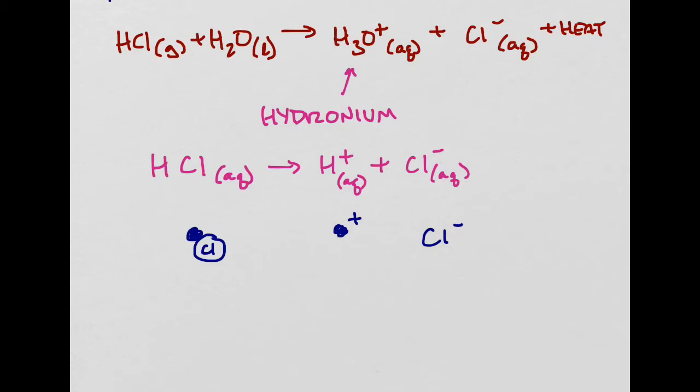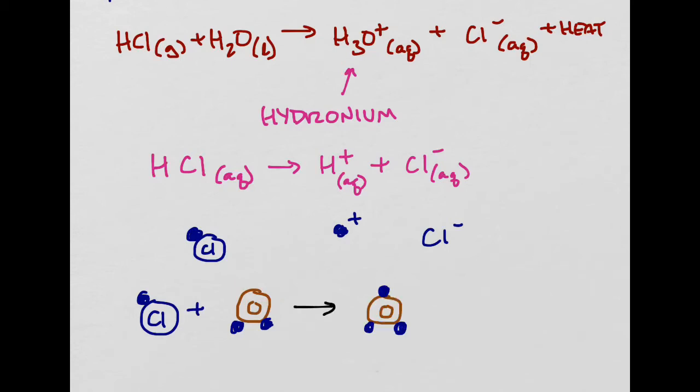Now let's use these same sort of pictures to see what's going on in the reaction up here. So here we have the HCl gas combining with our H2O, and where does this bring us? The hydrogen ion pops off and attaches itself to the neutral water molecule, but because the water molecule was neutral and you have a positively charged thing going to it, this is no longer neutral.